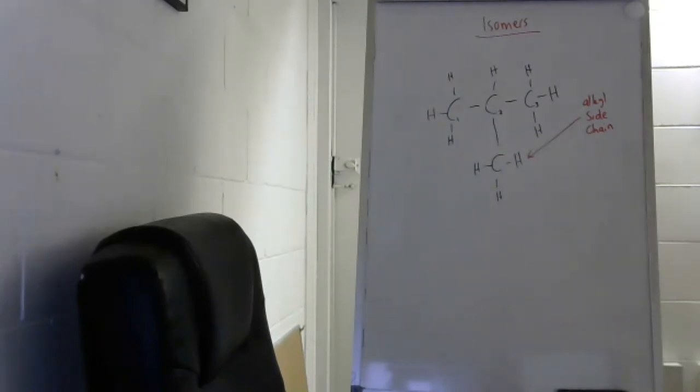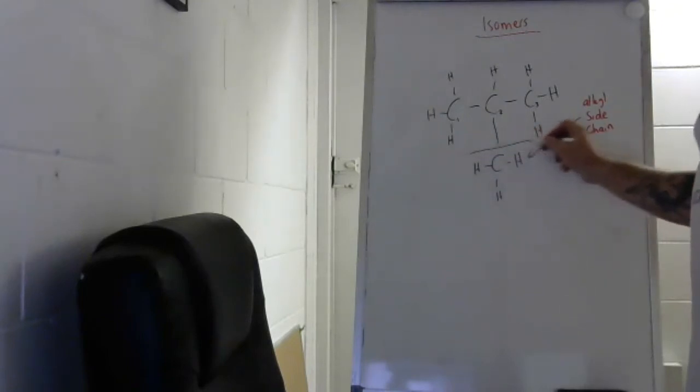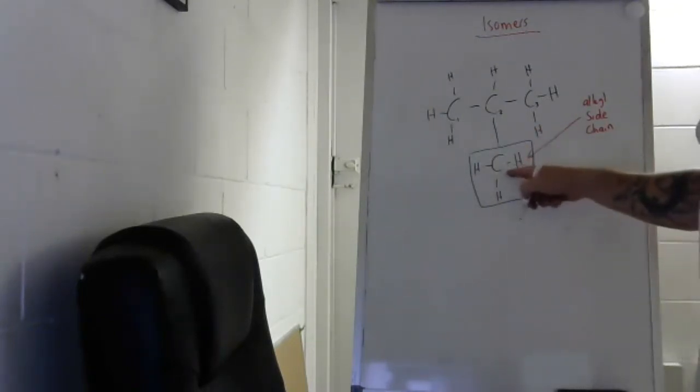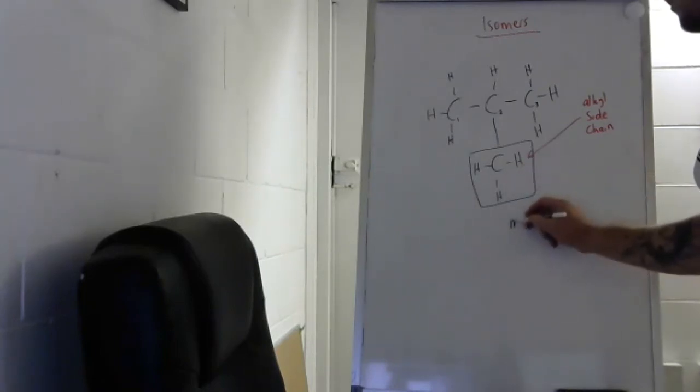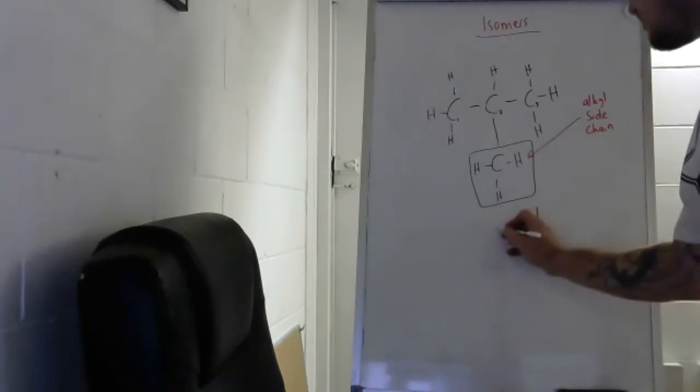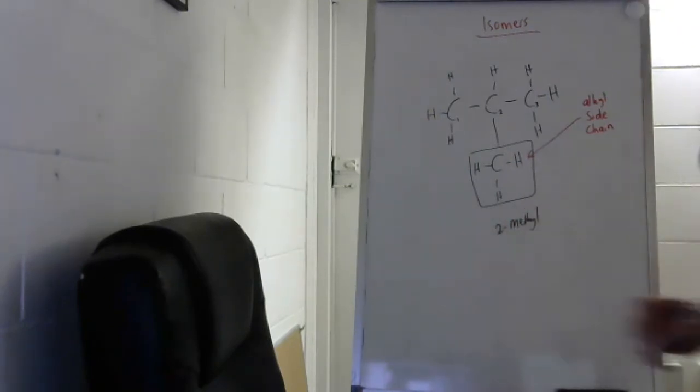So now we've kind of gone backwards to the alkanes, but we call these alkyl side chains, or methyl and ethyl groups. So we treat this as if it's a functional group in itself. So it's got one carbon, so it's methyl. It's coming off the second carbon, so we call it 2-methyl.